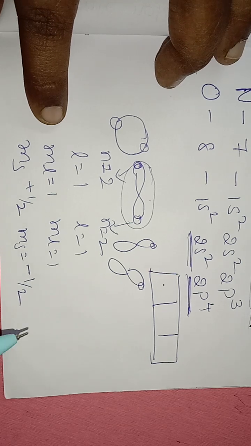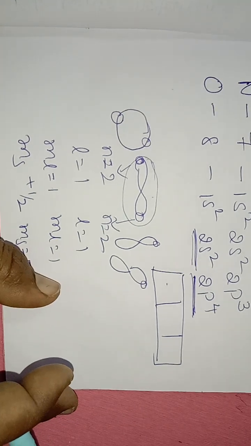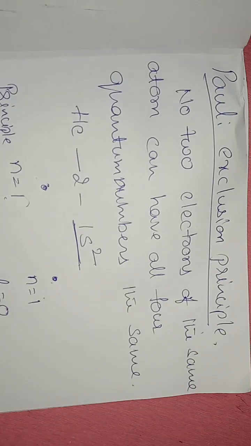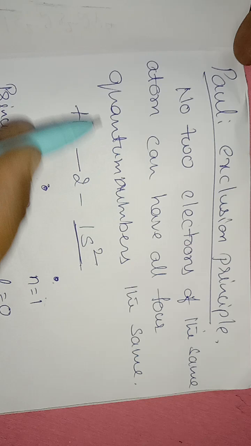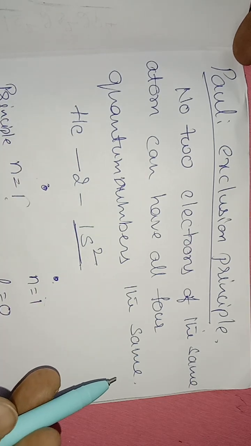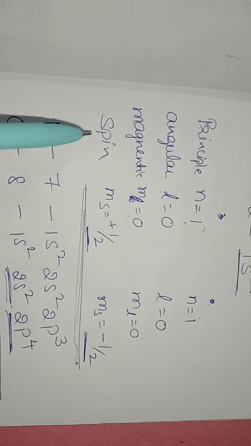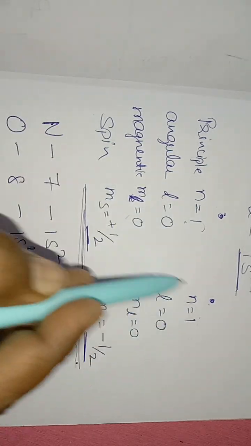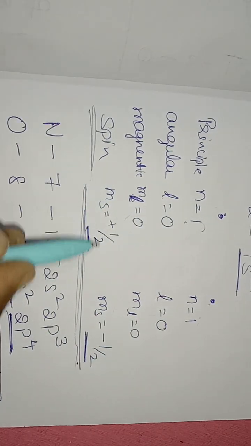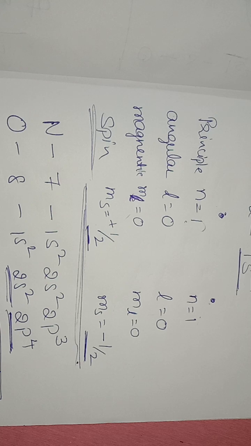That is Pauli's exclusion principle: no two electrons of the same atom can have all four quantum numbers the same. Even if three are the same, the spin of the electron will be different. Next, we'll talk about the Aufbau principle.